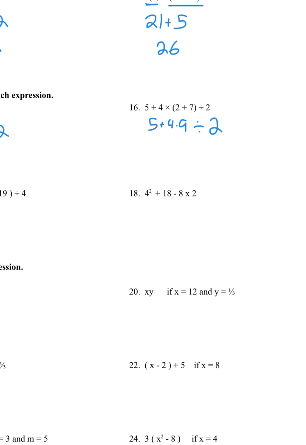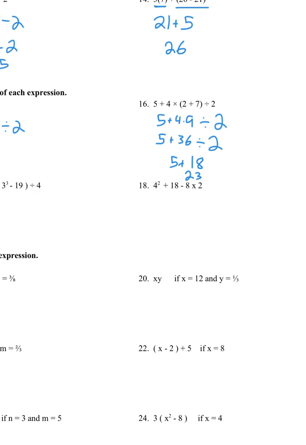So 4 times 9 is going to come first. That's going to give us 36. Bring the rest down. 5 plus 36 divided by 2. We're going to do that division first. 36 divided by 2 is 18. So we have 5 plus 18, which is going to give us 23.